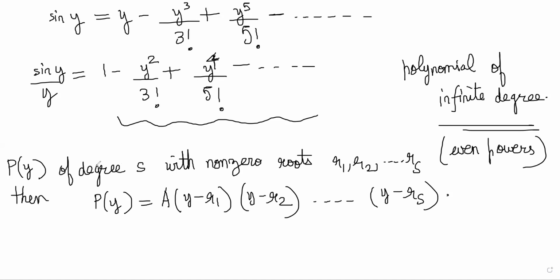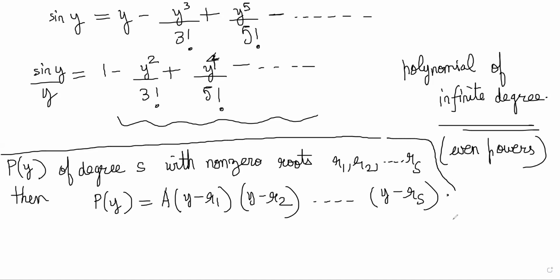This is true for any general polynomial of degree s as long as you have distinct roots r1 to rs. We have a constant coefficient and then express p(y) as a product of factors.